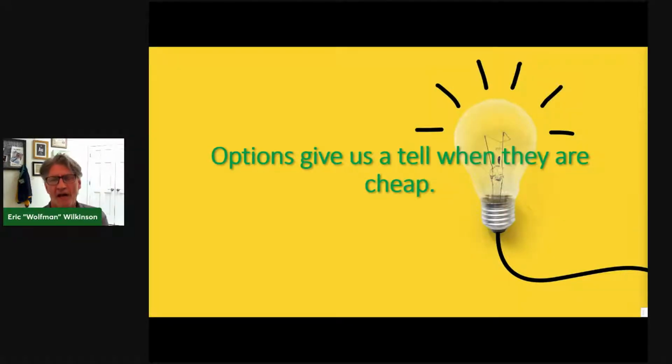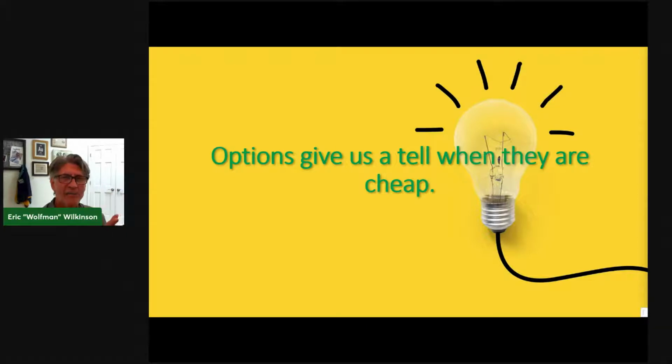All right. The one thing about options is they give us a little tell as to whether or not they are cheap or expensive. Now, it doesn't tell us when it is extremely cheap or extremely expensive. What I mean is it could get cheaper or it could get more expensive.